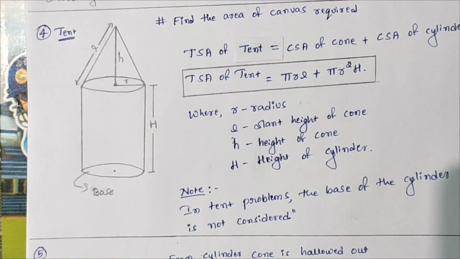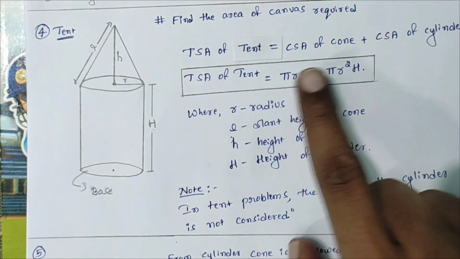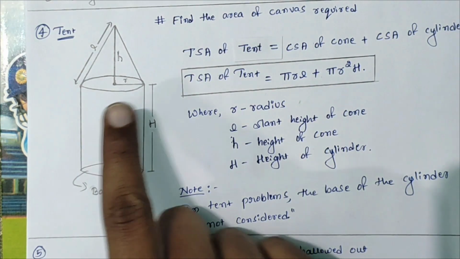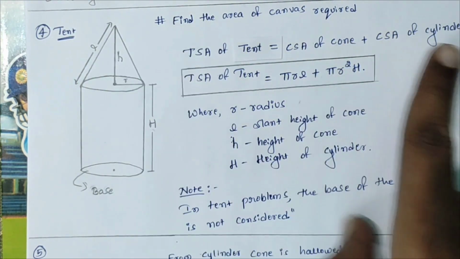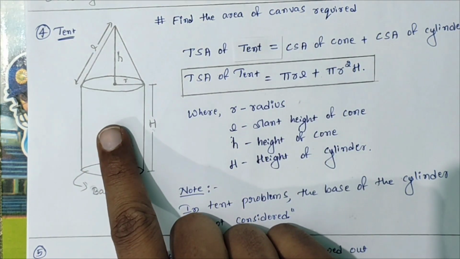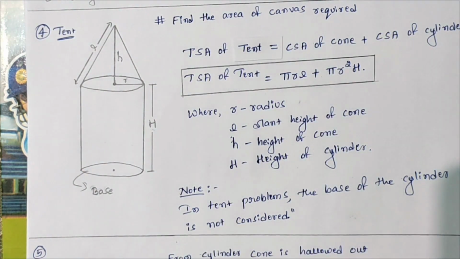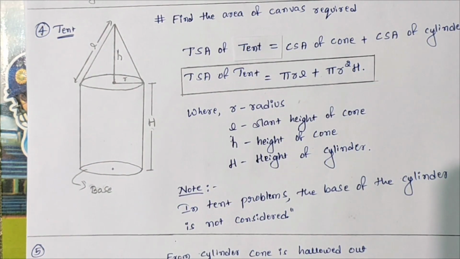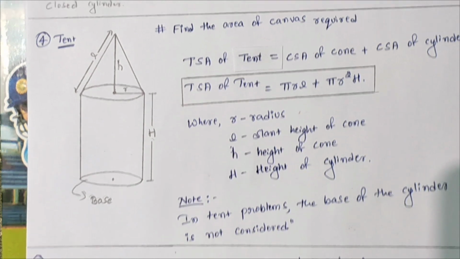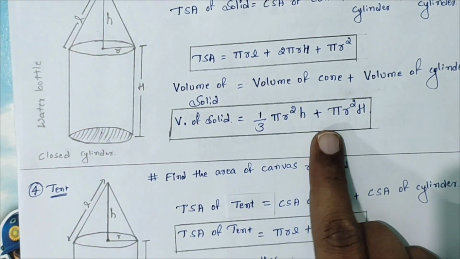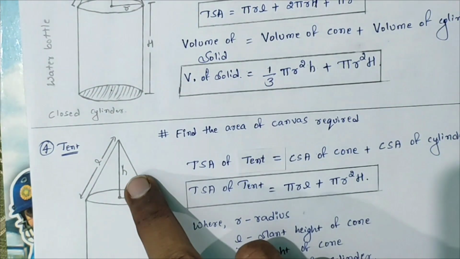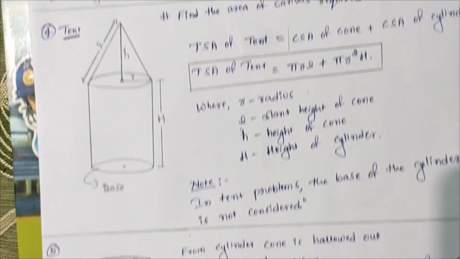As we mentioned above, the TSA of the tent, here we will consider CSA of cone and CSA of cylinder. We are not considering the base. And the volume we already discussed above, that is 1 by 3 pi R square H and pi R square H. In both the cases the volume is the same.